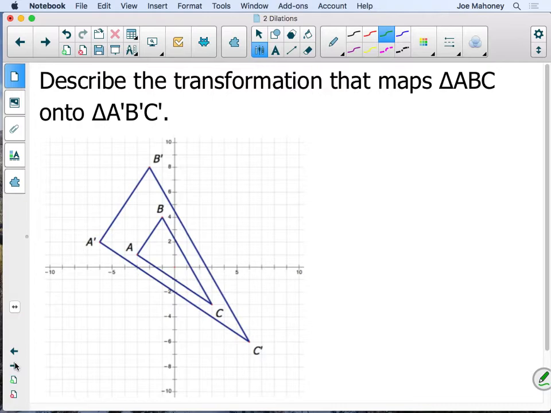So think of this as like the image getting larger or the original getting smaller. It's all going to shrink down to one spot. Where is that one spot? Well, if I keep going from A prime down to A, if I go from B prime down to B, if I go from C prime down to C, can you tell that everything shrinks down through the origin? So this is a dilation.